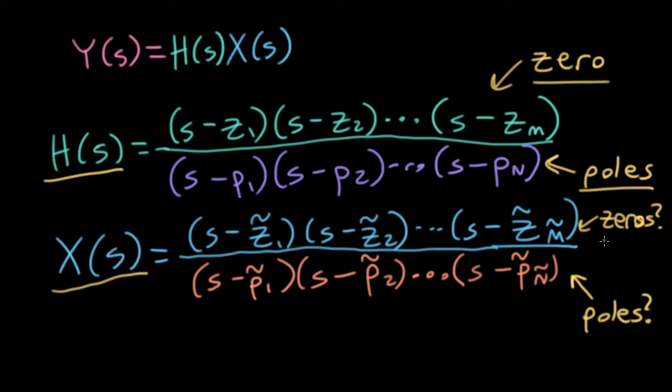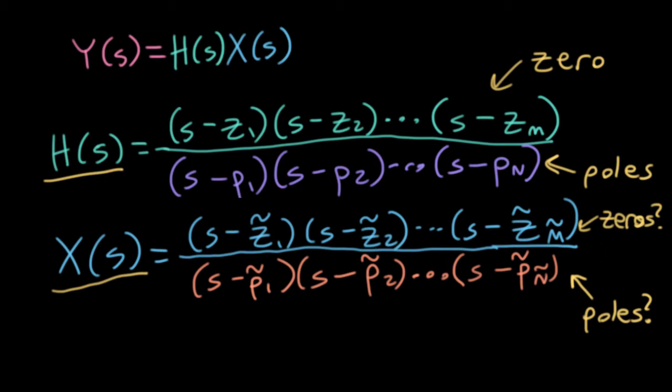So I've been tempted to call these system zeros and system poles, and then call these things for a more generic X signal zeros and signal poles. But I don't think anyone actually uses that terminology except for me, and I just made it up.